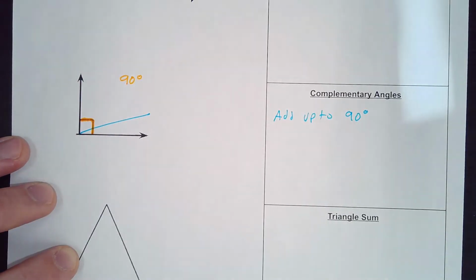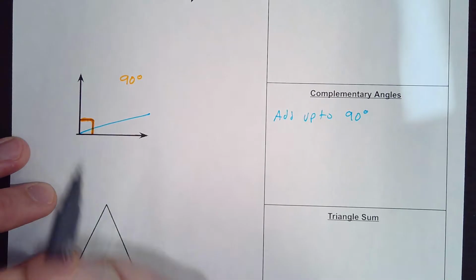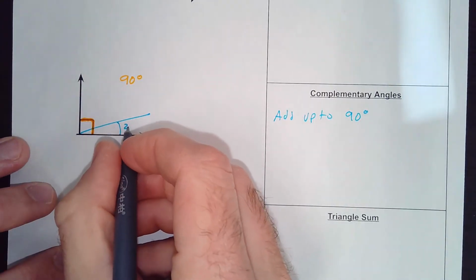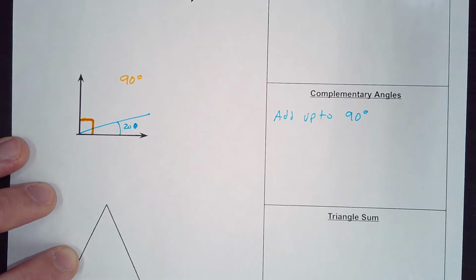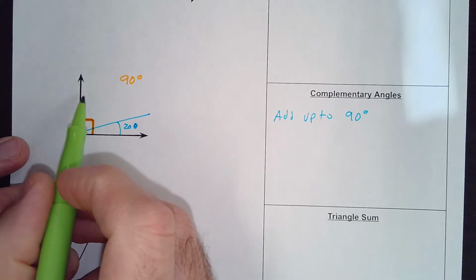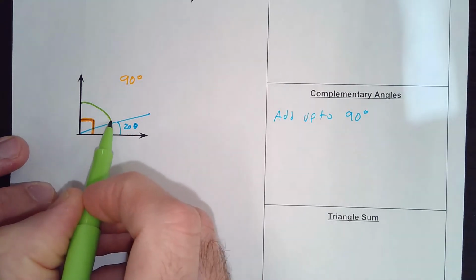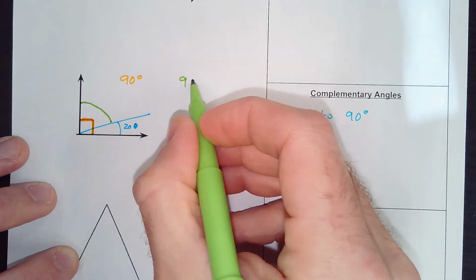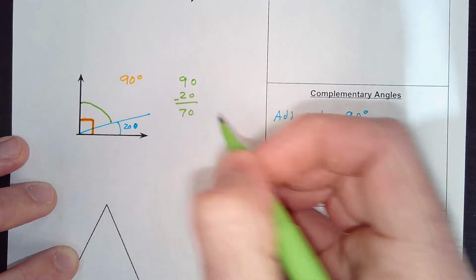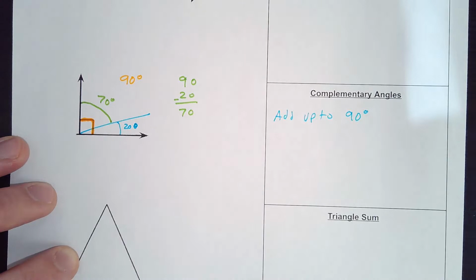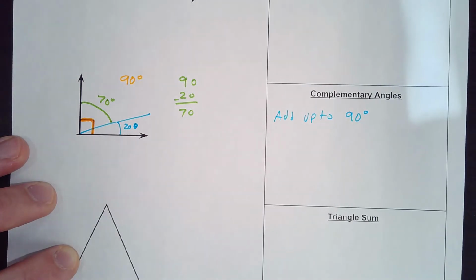Well, if this little portion down here is 20 degrees, then how much would this part be? Same thing, our whole thing is 90, we already have 20 accounted for here, so that leaves us 70, so this part would be 70 degrees.